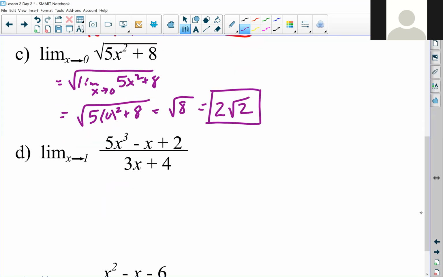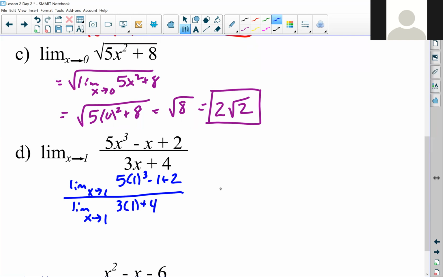The reason I find quotients the most interesting is we have to be careful because we know the denominator can't be 0. So in this first case, I think we're okay. If I take the limit as x approaches 1 in the numerator, and the limit as x approaches 1 in the denominator, one cubed is 1 times 5 is 5. 5 minus 1 is 4, plus 2 is 6.